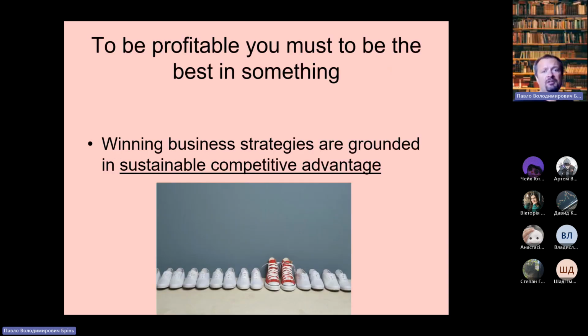And I am reminding you of this picture. We discussed it during our first case when we discussed the flashcard. So valuability for our customers must be connected with competitive advantage.